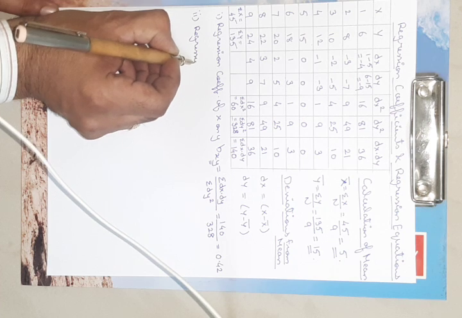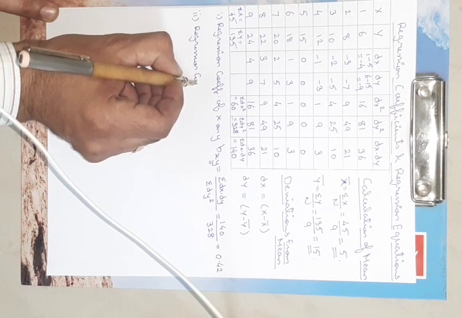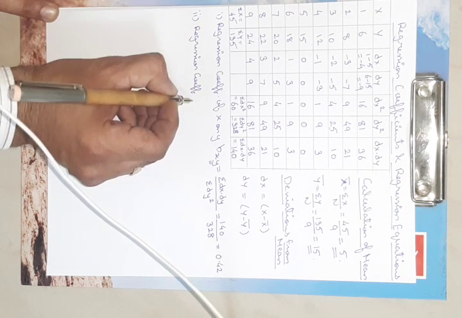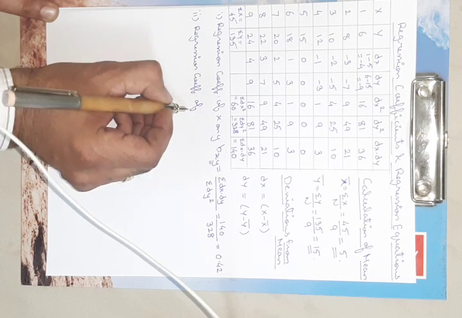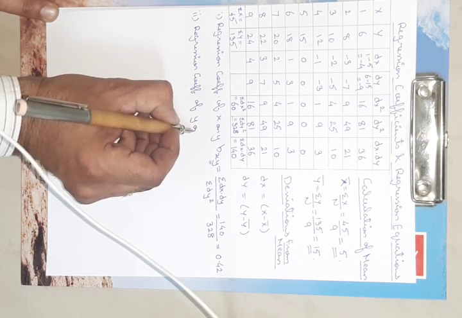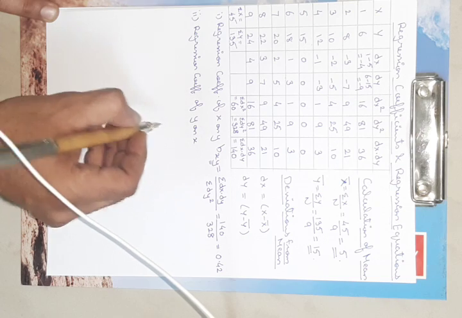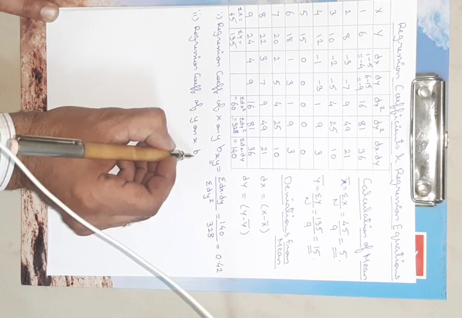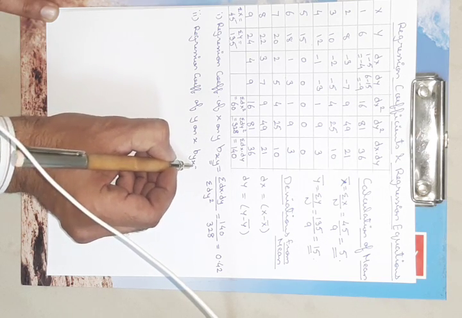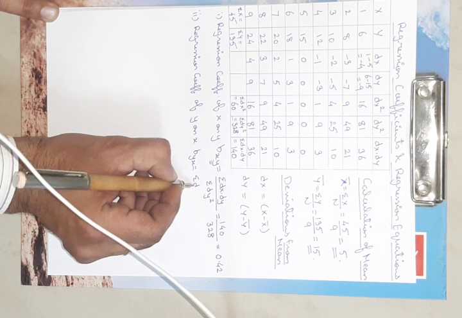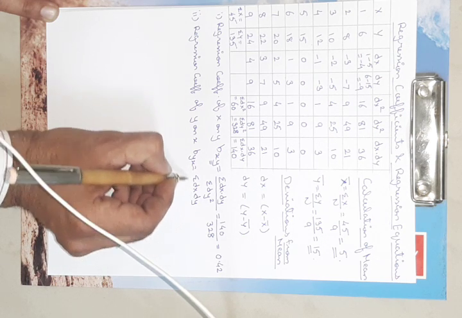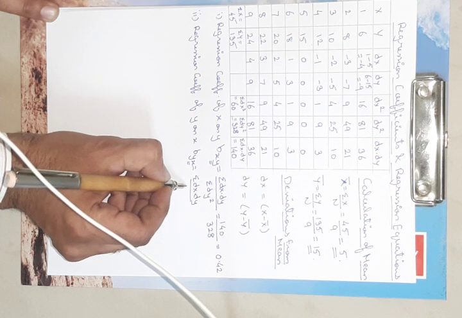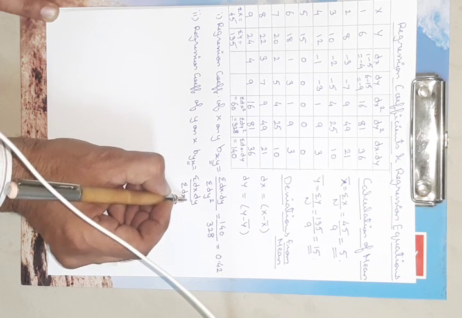Next, we need to calculate the regression coefficient of y on x. Previously it was x on y, now y on x. This is byx, and the formula is summation of dx dy divided by summation of dx square.